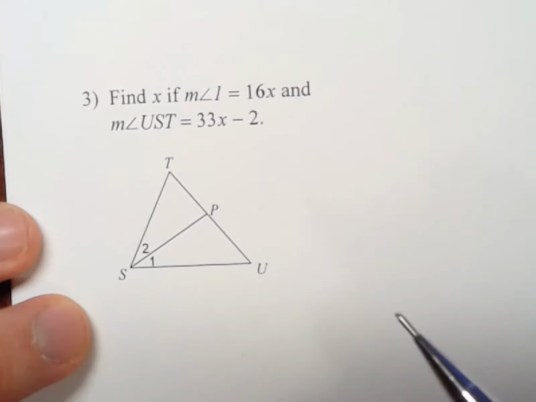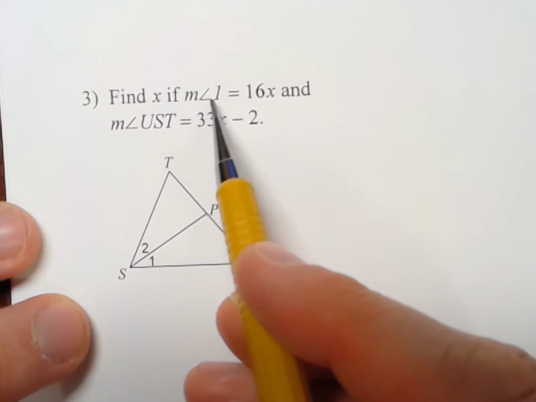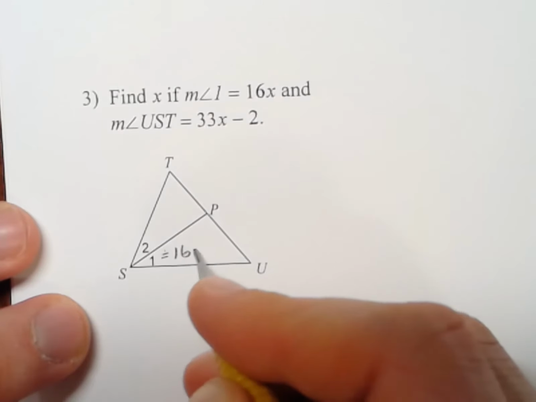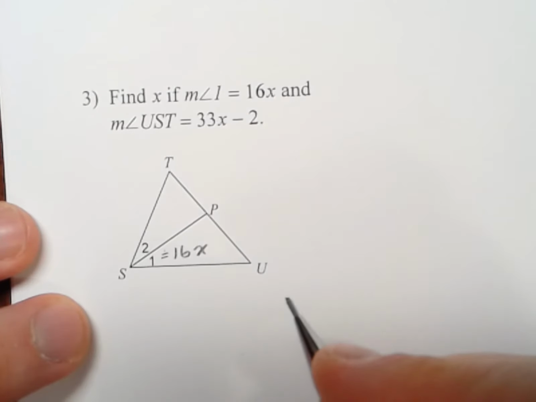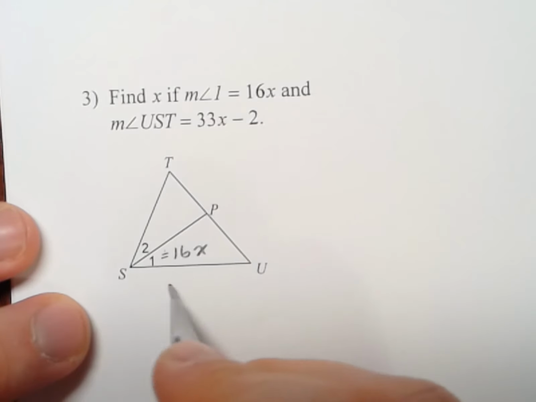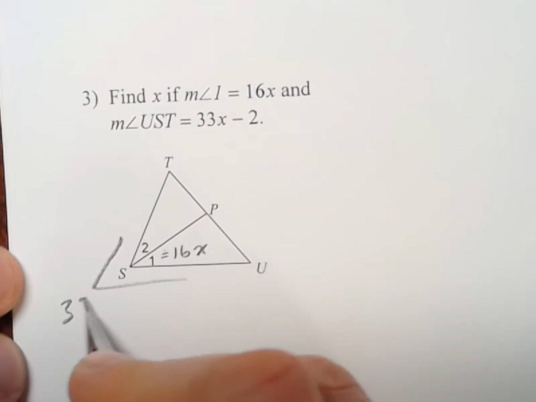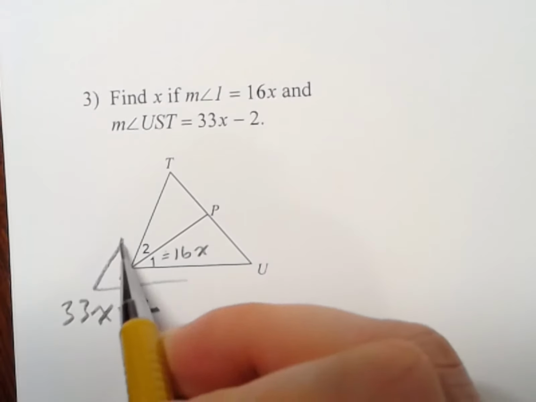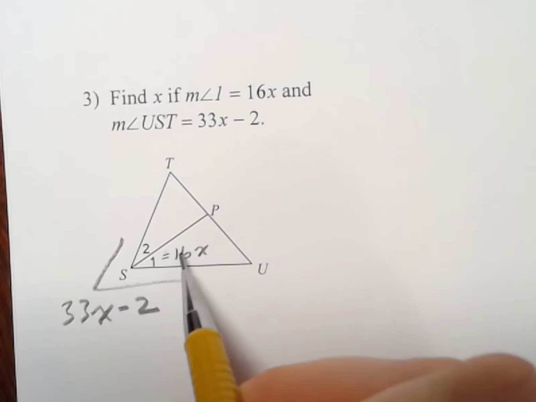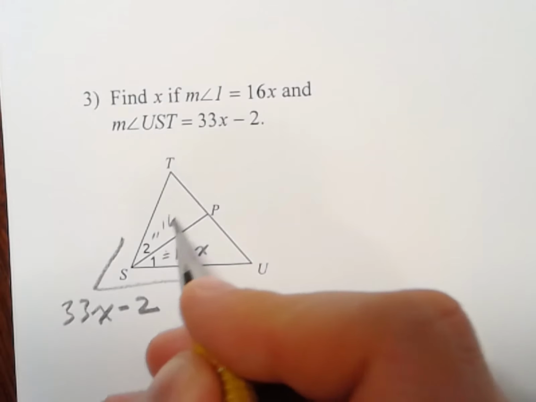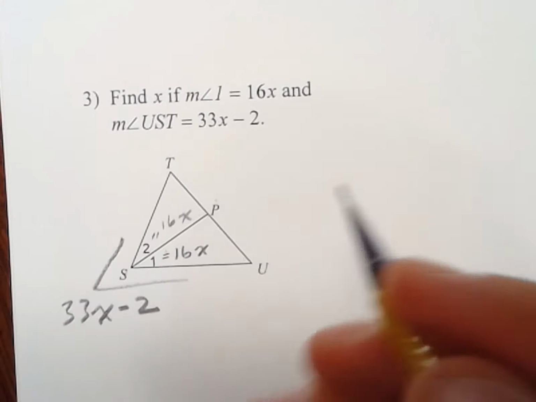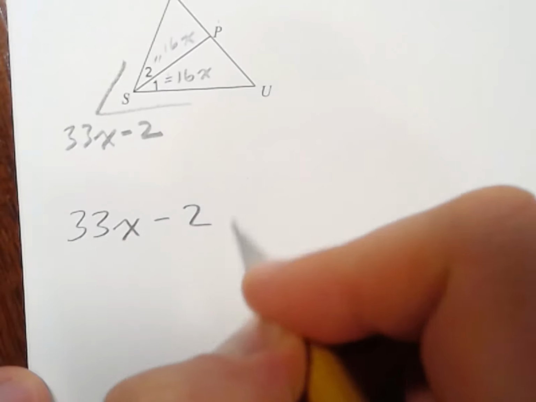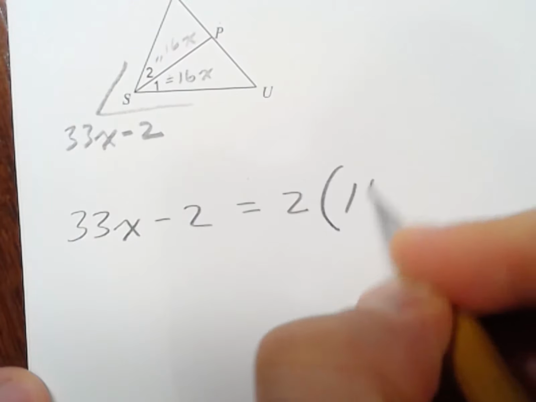Find x if the measure of angle 1 is 16x. So we know the measure of angle 1 is 16x, and UST is 33x minus 2. Well, if we know the whole thing is 33x minus 2, we know this has to be 16x because SP is an angle bisector. So we know that 33x minus 2 equals 2 times 16x.